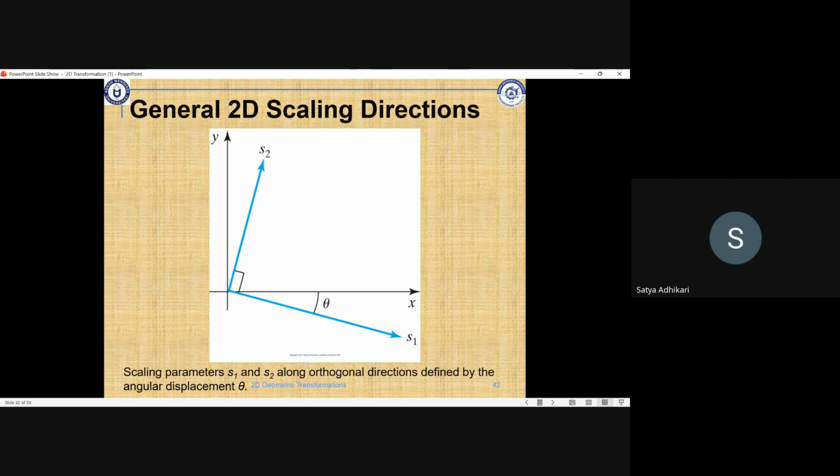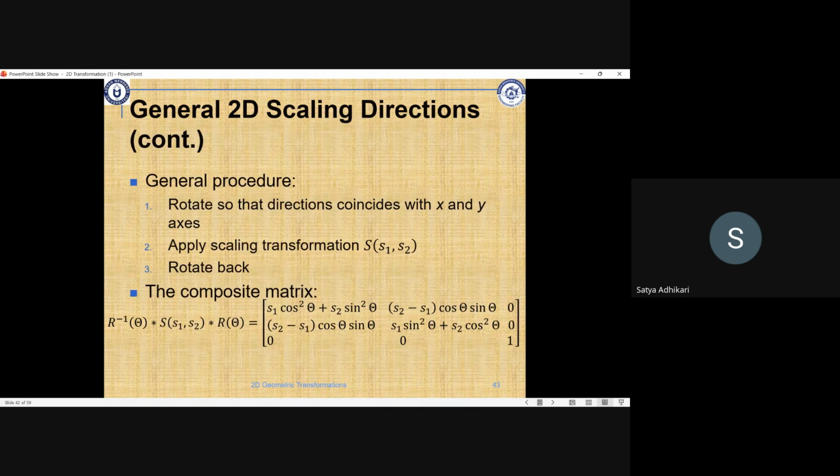You see here, this is S1 and S2, and I now have to make a scaling operation. So you coincide S1 and S2 with X and Y.